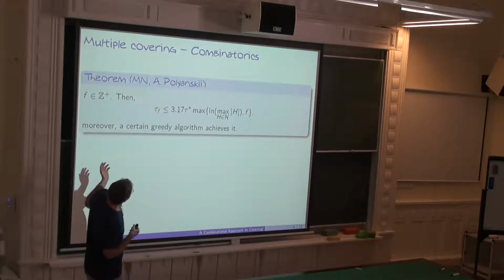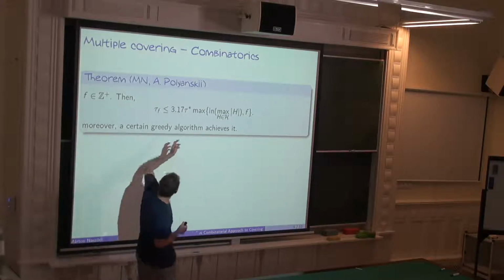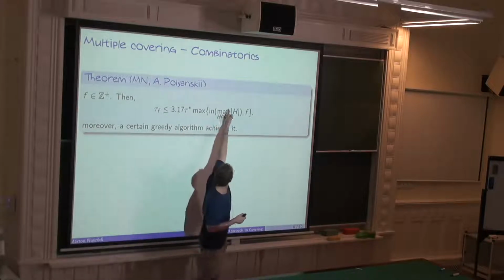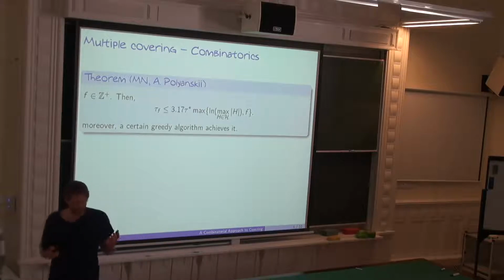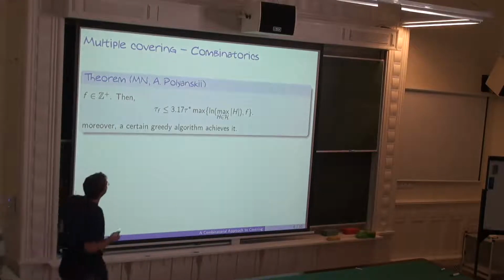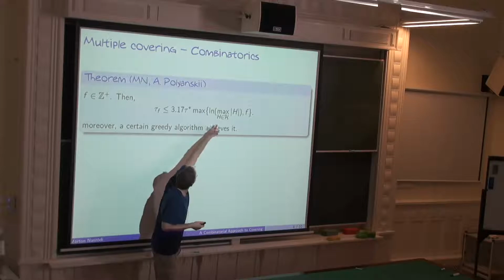Well, the Lovász-Stein lemma says that essentially this tau star times the log of the max size of a set is a bound for tau. So we should have f times this.